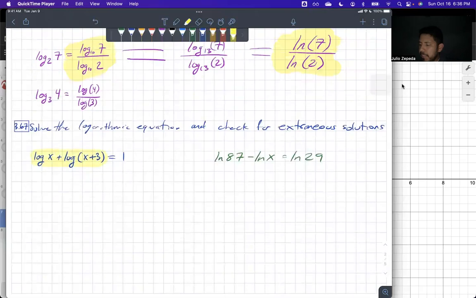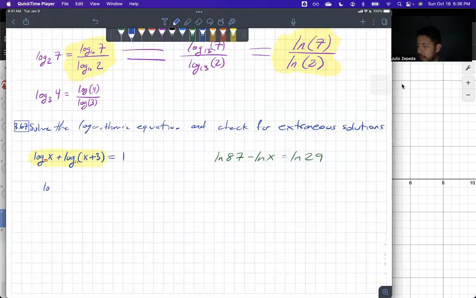Notice that this logarithmic equation has 2 logs in it, but you can always combine logs, assuming they have the same base. So let's go ahead and combine these logs. I'm also going to write the base on there. We know it's 10 because if we don't write it, it's automatically 10. I'll just write it on there for right now.